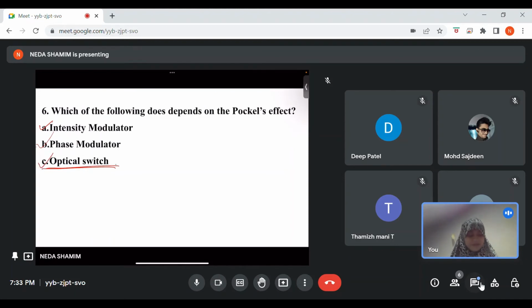Well, the answer is C as well. Optical switch also depends on Pockel's effect, where you can use the voltage to modulate the intensity. Optical switch is switching the light on and off, switching from one to other. Okay, that's how an optical switch is used. So I would urge you to get more information on optical switch. I don't know if that's in the course of your syllabus or not, but it's good that you read about optical switch also.